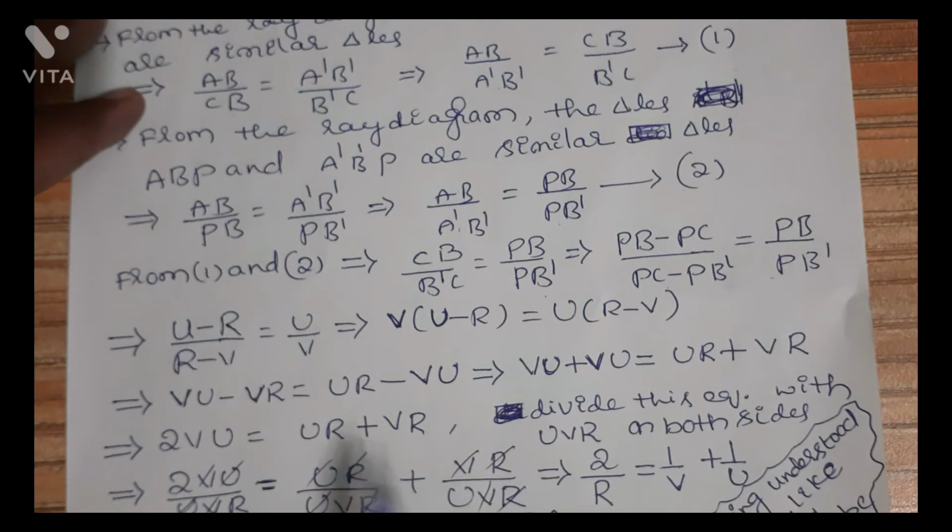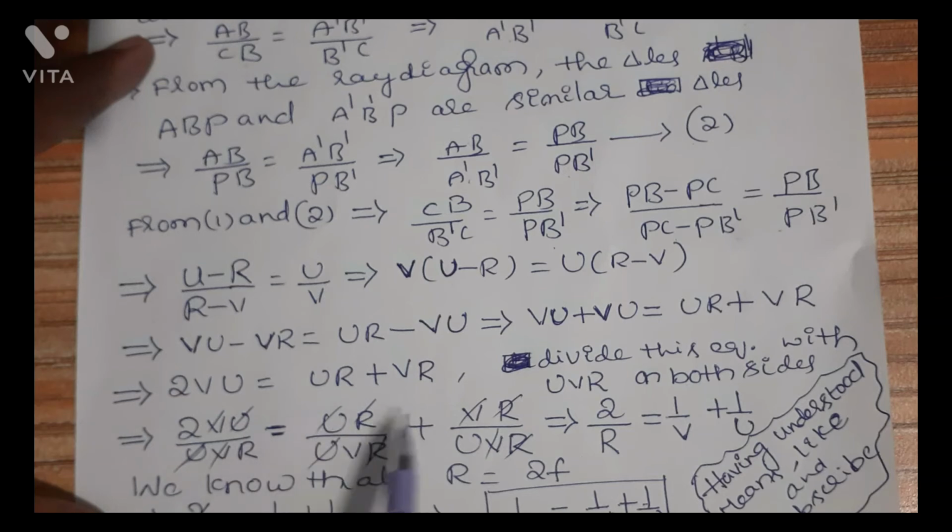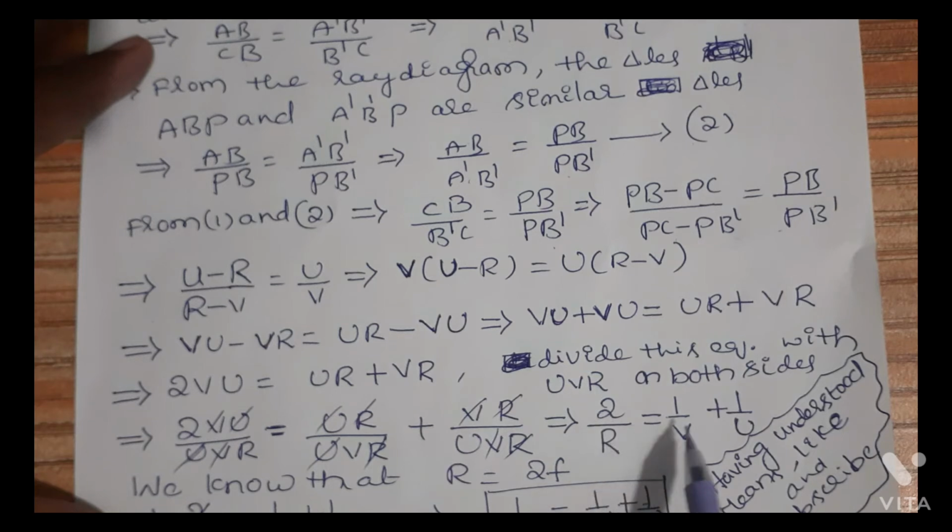By simplification, students, finally you get 2VU equals UR plus VR. Divide this equation by UVR on both sides. You can see the cancellation, students. The remaining is 2 by R equals 1 by V plus 1 by U.